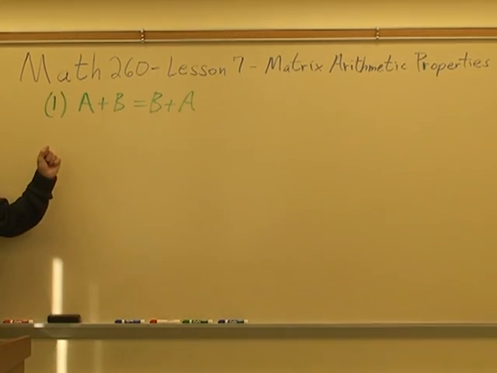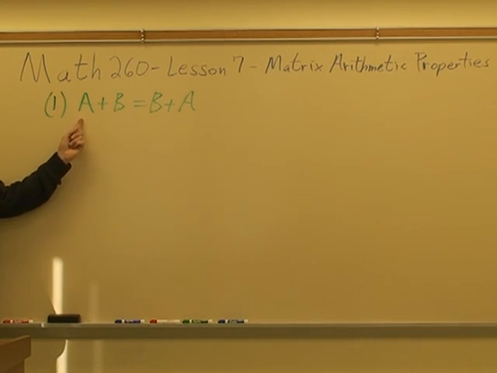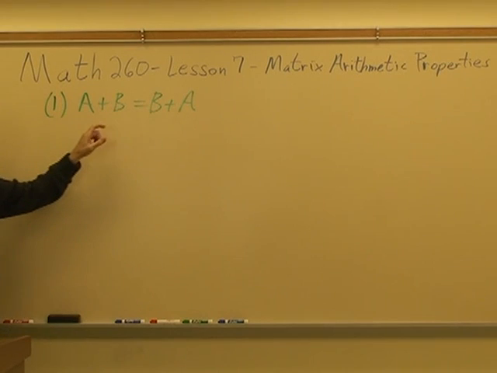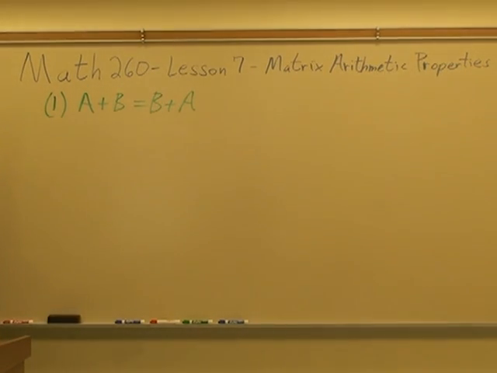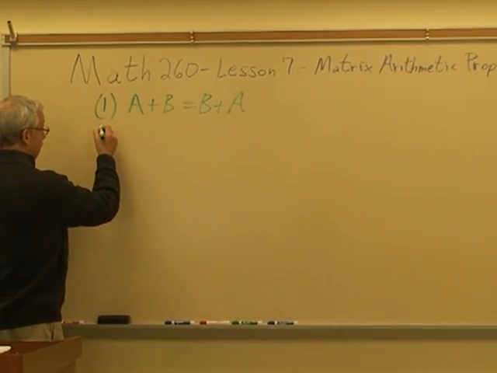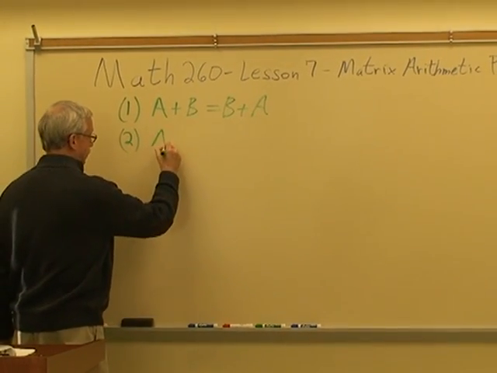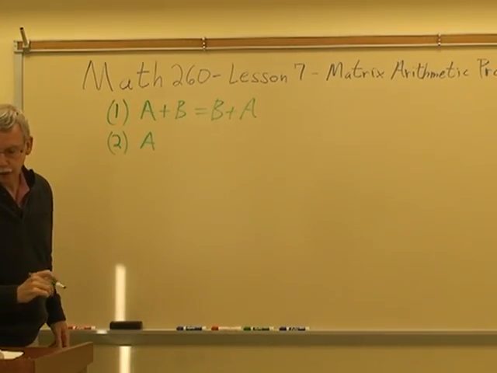For matrices of the same size, that is, if this is 3 by 2, then that has to be 3 by 2, matrix addition is commutative. It doesn't matter whether I take A plus B or B plus A, I get the same answer. Just list these in the same order.